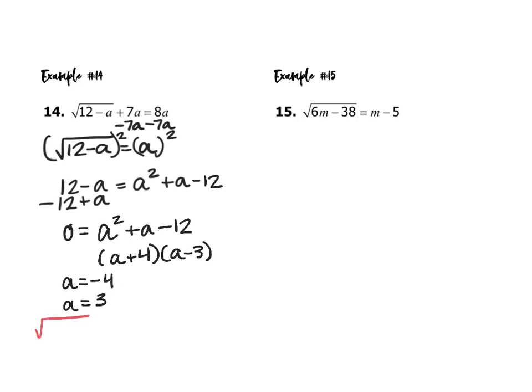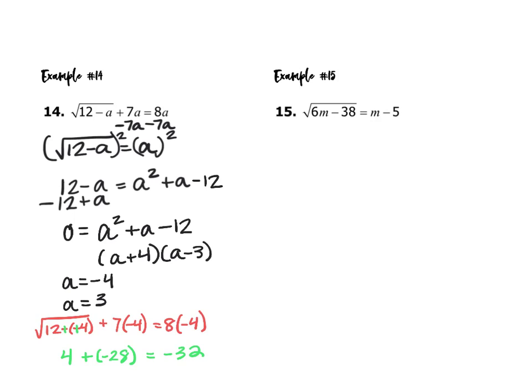So the square root of 12 minus negative 4 plus 7 times negative 4 equals 8 times negative 4. So if I keep change, that would be the square root of 16, which is just going to be 4 plus negative 28 equals negative 32.